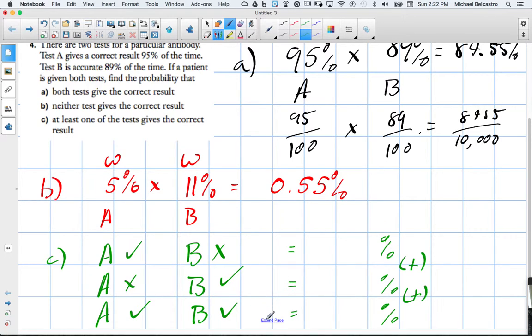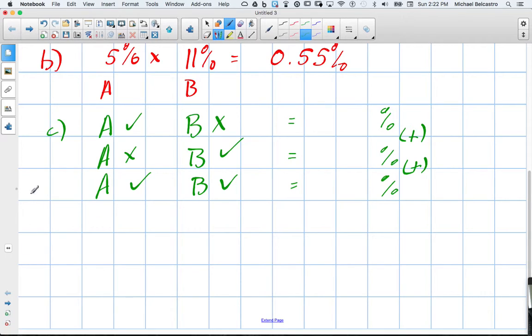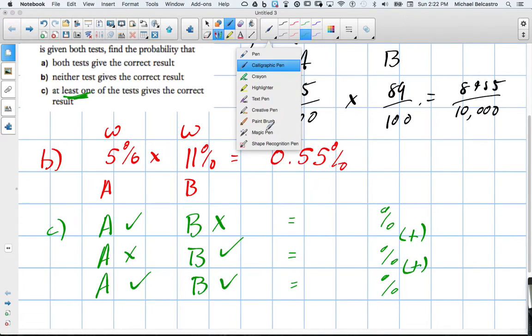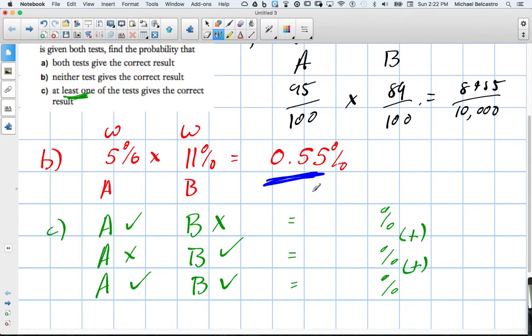The other option is to assume that the answers from all tests will be 100%. And let's do the opposite. The question said at least 1. Well, let's calculate none of the tests being correct, which is actually something we've already done, and then just subtract that from 100%. We're looking for the opposite of what this is. So we're looking for the probability that none of them are correct, and then we subtract that from 100.